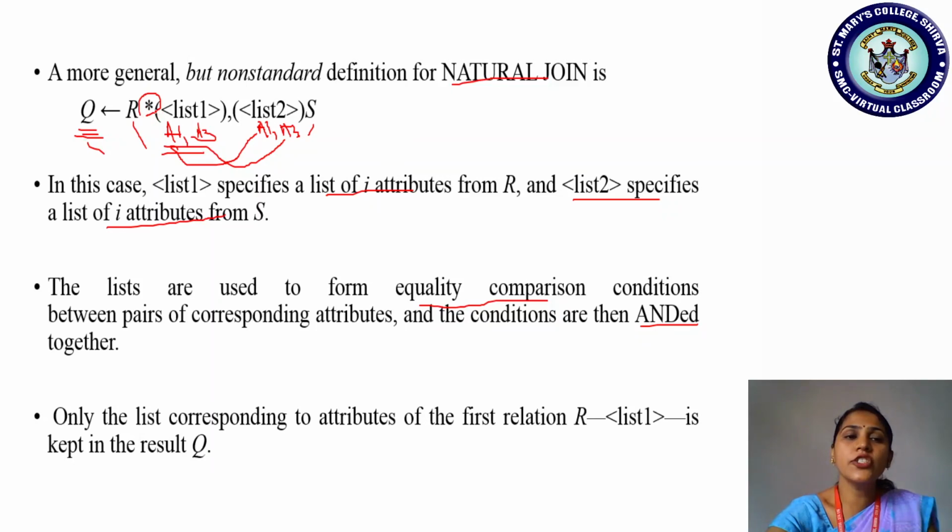Whichever relation is specified on the left side, only that relation's attribute list will be added here. There is no issue because in relation S also the same attribute list is found with the same name. So only one relation's set of names will be taken. Is that clear?